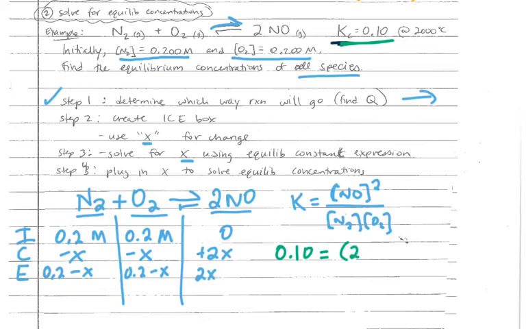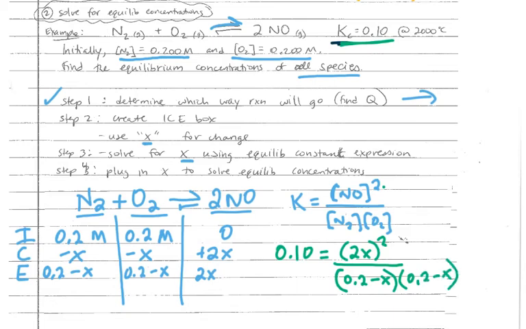The equilibrium concentration is 2X, and we need to square that. And then on the bottom here, the concentration of N2 is 0.2 minus X, and the concentration of O2 is 0.2 minus X.